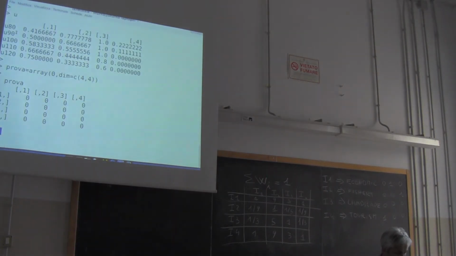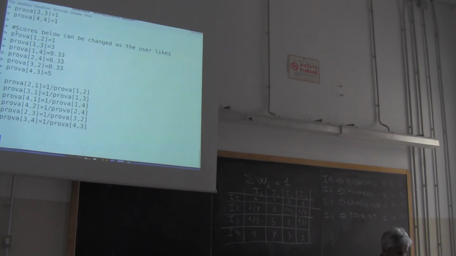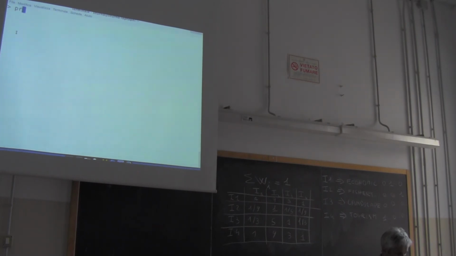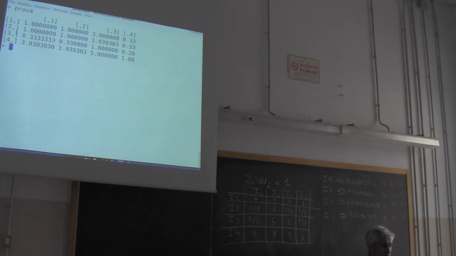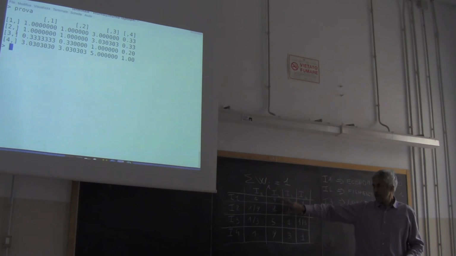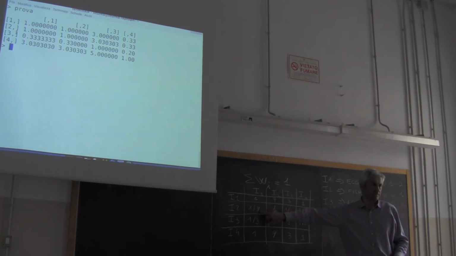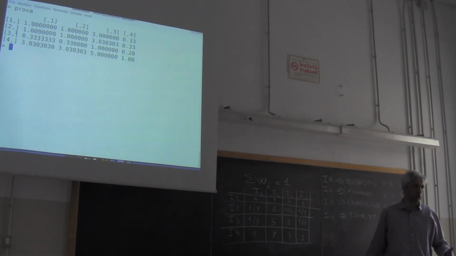If I copy it in R, and then I look at the matrix, this is my matrix. Of course, I made sure, I say once again, that if I have 9 here, there is 1 over 9 in the symmetric position.